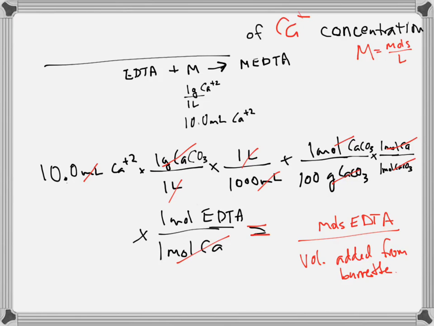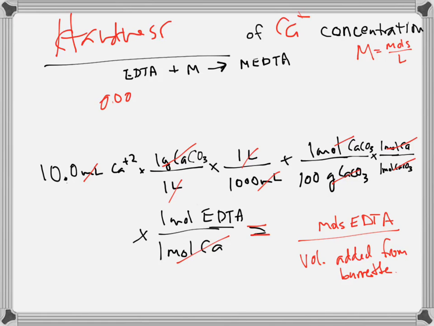Now we want the concentration of our hardness, our calcium concentration, which means we go through ultimately the exact same calculation, except now we don't know what our concentration of that is. What we do know is our concentration of EDTA being close to 0.04 molar. We'll know the volume added. We'll solve for the concentration of our metal ion, and we'll know the volume that we started of that.